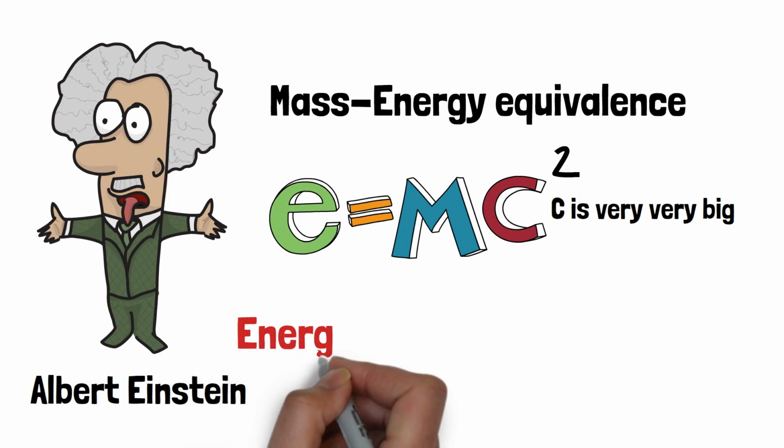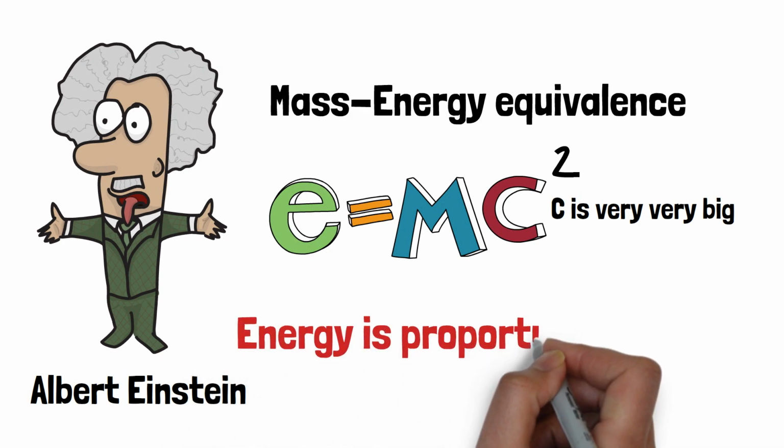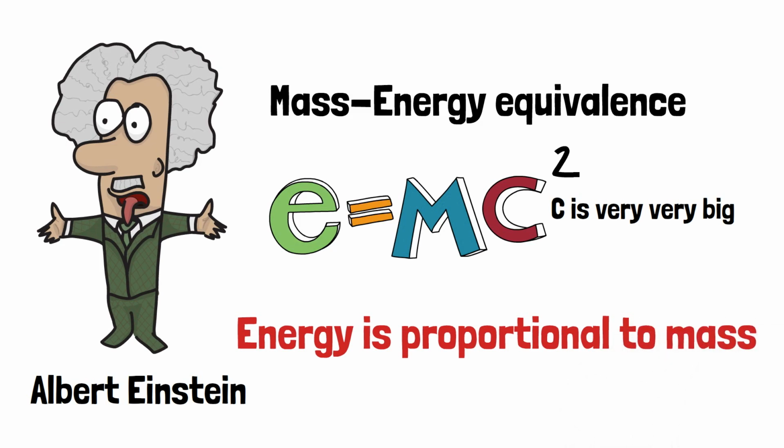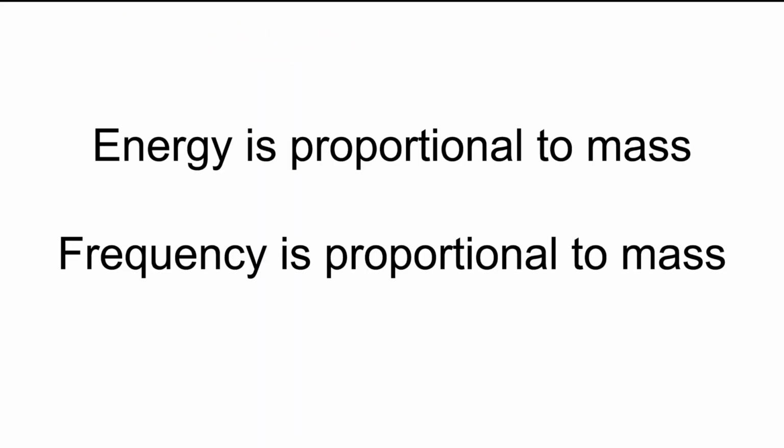Now, what we have to know from this equivalence is that energy is proportional to mass. Since we now know that energy is proportional to mass and frequency is also proportional to mass, we can easily conclude that energy should be proportional to frequency.